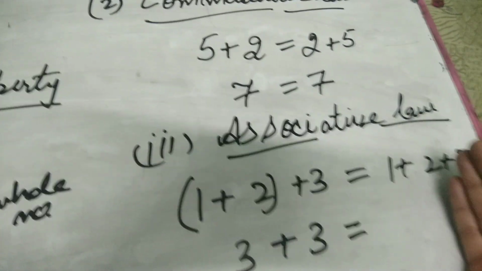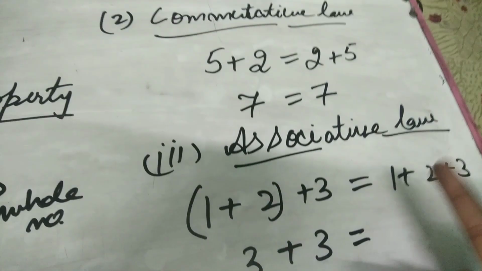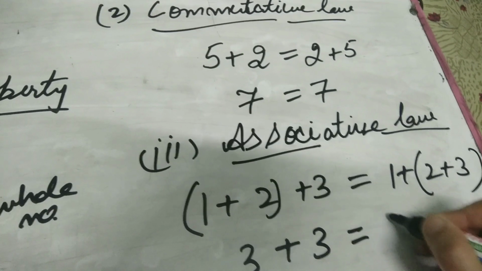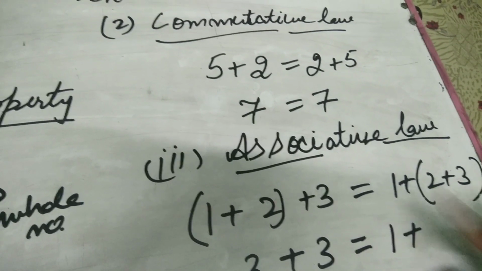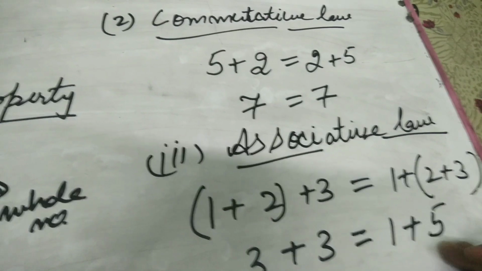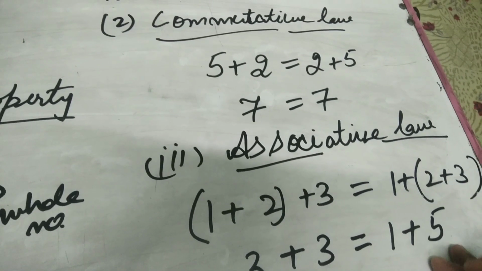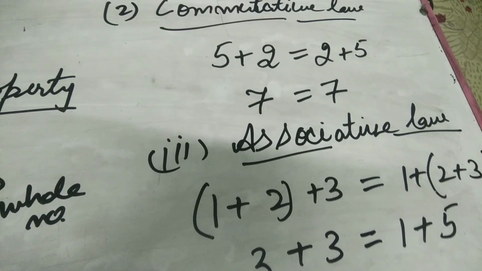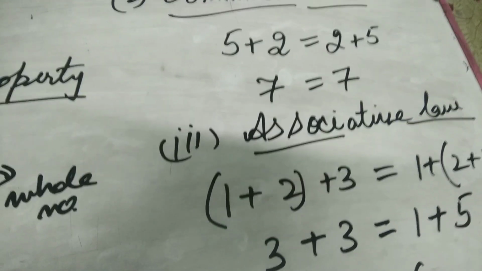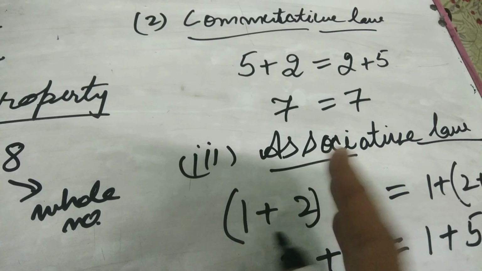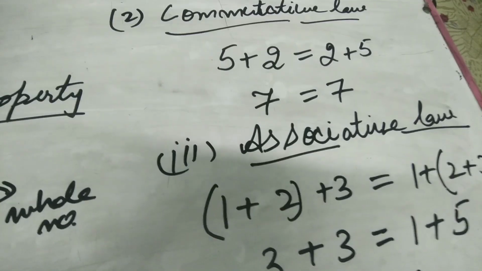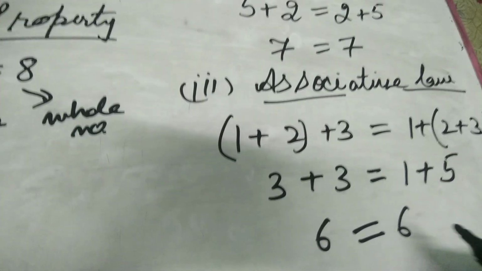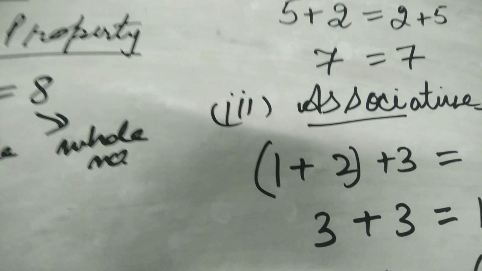But if instead I add the last two numbers first, I get 5, then I add the first number to it, and I get 6. So the answer is the same. We are changing the order in which we are adding, but it does not affect the answer. So this was the associative law of addition.